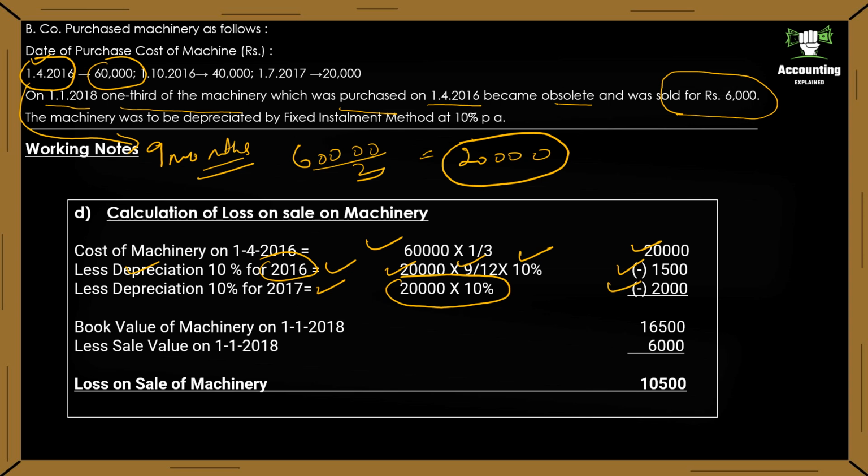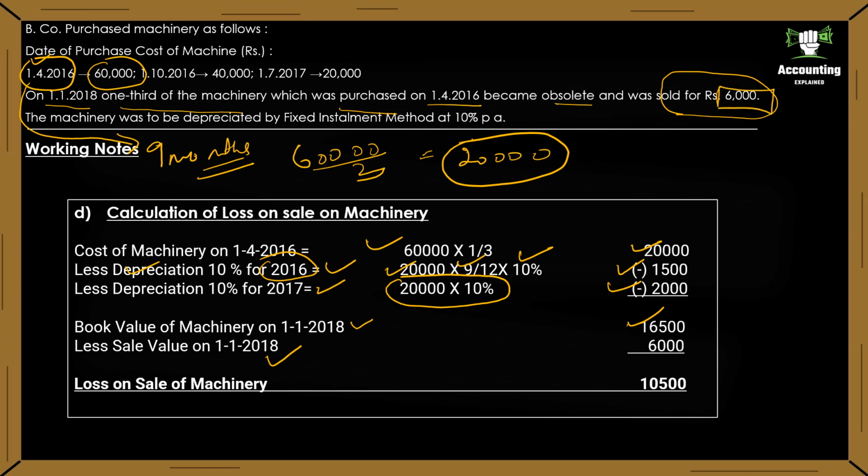Okay, so book value of machinery as on 1/1/2018 is 16,500, less sale value of the machinery on 1/1/2018. How much have we sold that machinery for? We have sold it for 6,000 rupees.